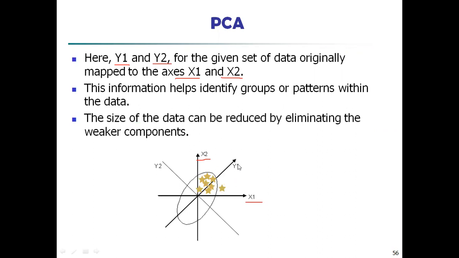After representing the y1 attribute, you should represent another attribute, but the other attribute you always represent perpendicular to the first attribute, which means y2 is perpendicular to y1 only. Y2 you can represent in this way.